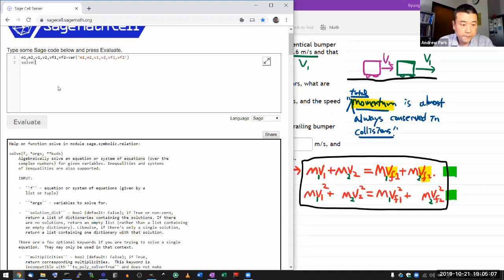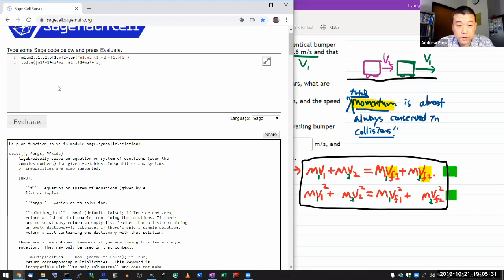Solve. My first equation is m1 times v1 plus m2 times v2 is equal to, I need two equal signs, it's an assignment versus a comparison operator, let me not get into that, m1 times v final 1 plus m2 times v final 2. And that's my first equation.